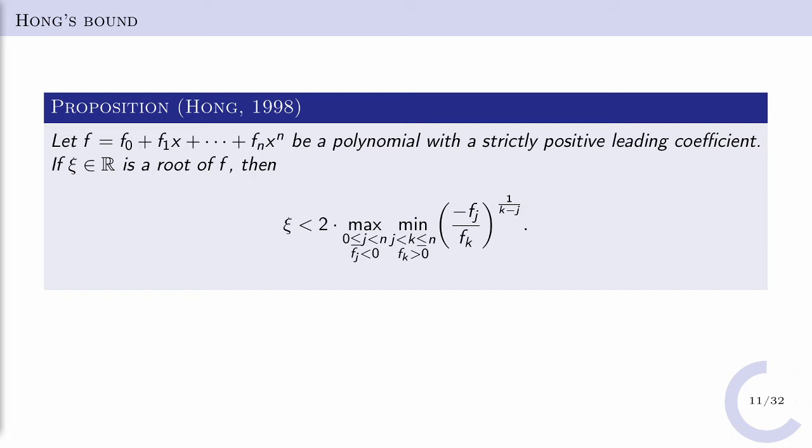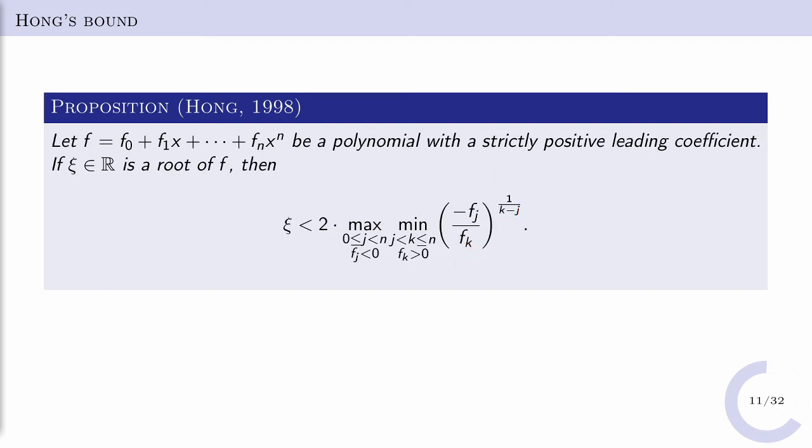Unlike the previous bounds, we have here a double loop. We have a minimum and maximum. So it works like this. When we scan this polynomial, we take every negative coefficient, and for every negative coefficient, we consider all the positive coefficients with higher indices, and we take again these expressions which appear in the Stefanescu theorem.